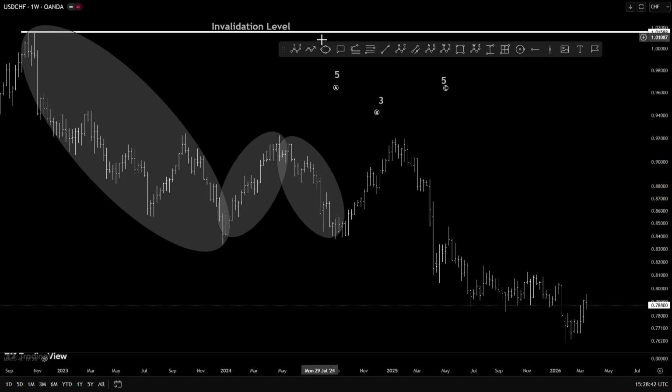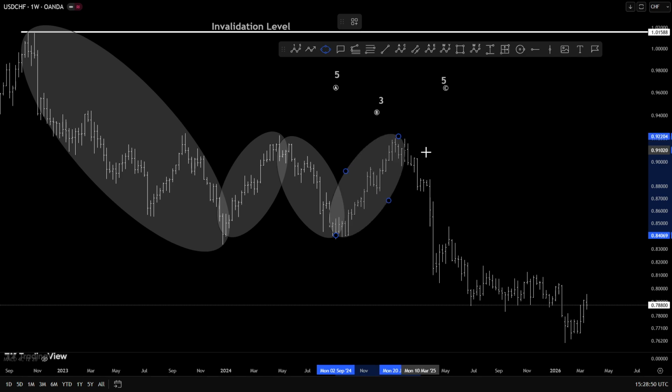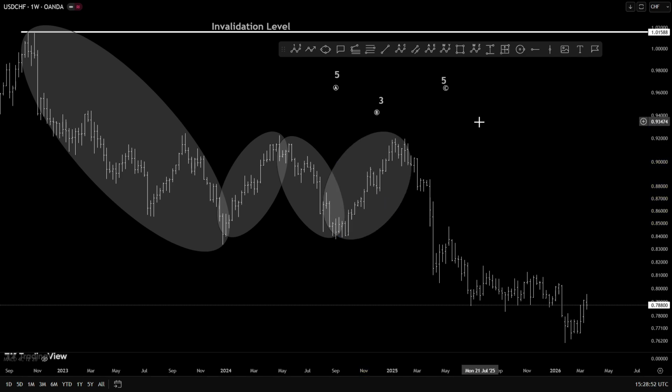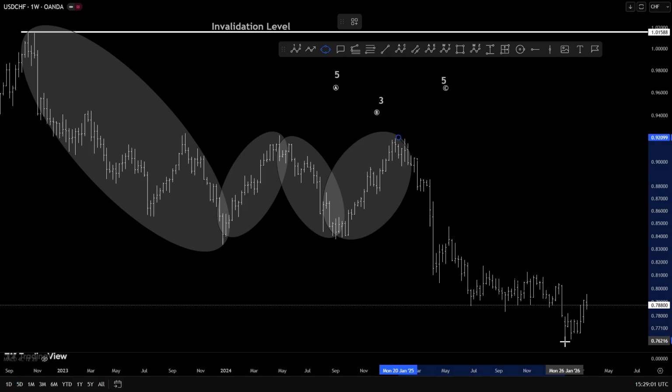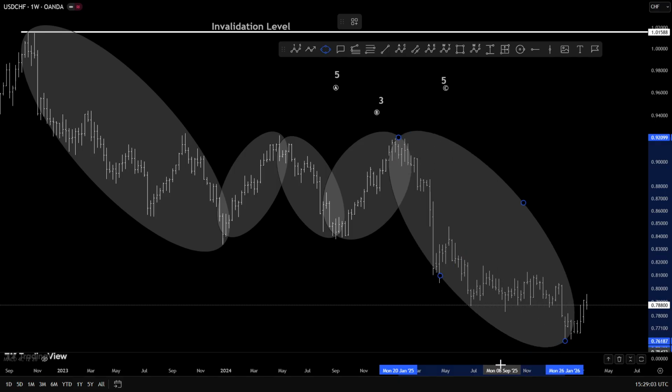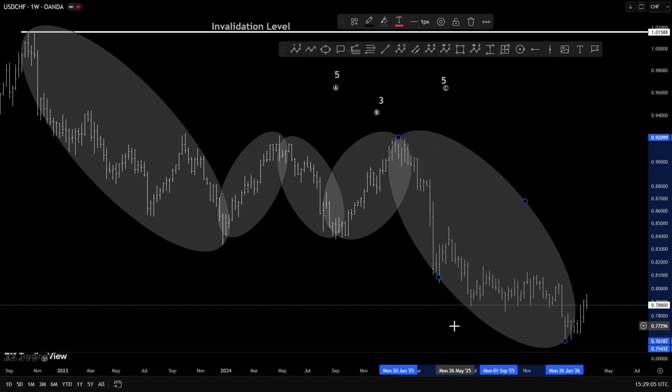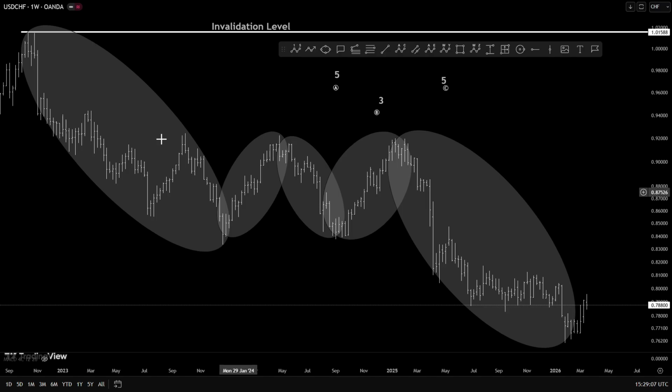And what do we have again? Another corrective structure. And we have another impulse.